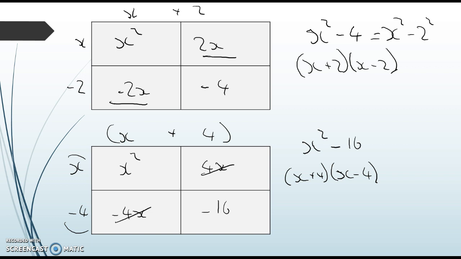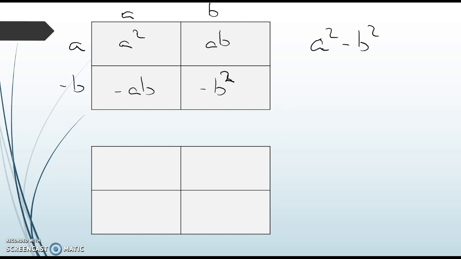So let's generalize a little bit more and not use some numbers, but use another variable. So let's use the terms a and b. So we know that a squared minus b squared. So we have b and negative b. a squared, negative b squared, ab minus ab.